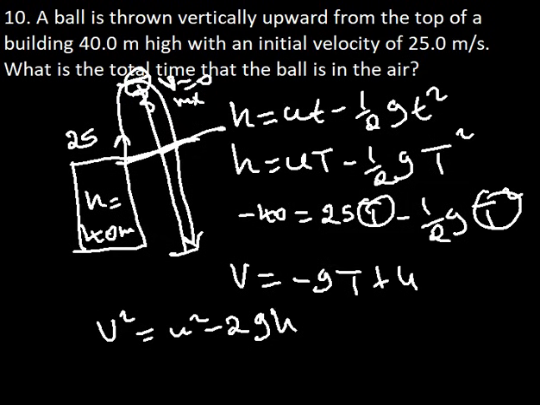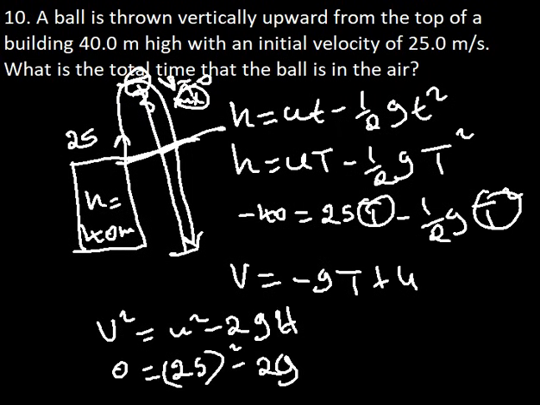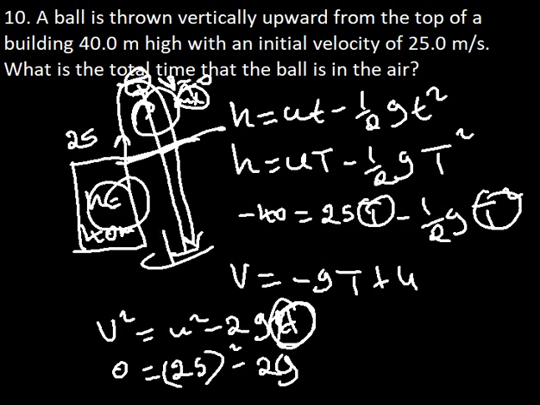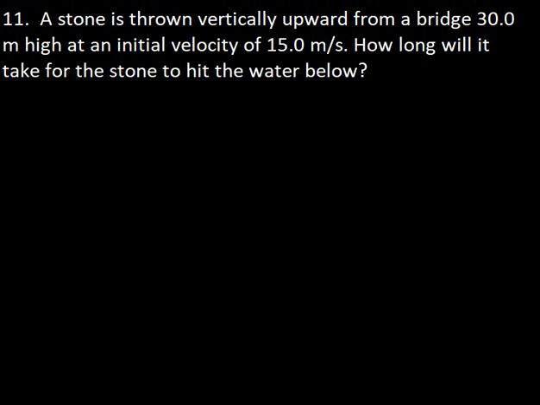I'll call it capital H, where v is the Vmax at the maximum position, which is zero, and u is the initial velocity 25, to the power 2, minus 2 times acceleration due to gravity times H. Then this height plus the height of the building gives the overall height.